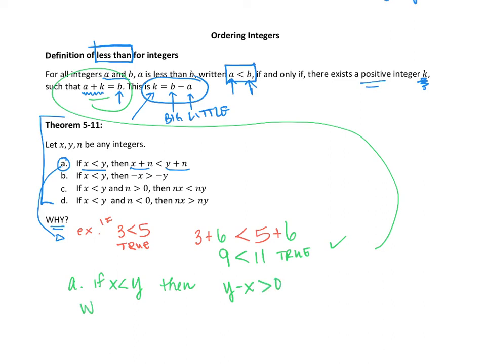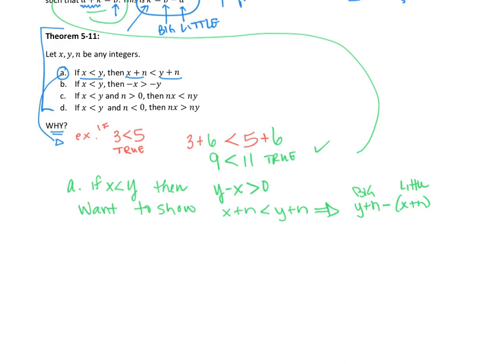What we want to show is that in order for x plus n to be less than y plus n, then this would mean that y plus n minus x plus n, so this is again the big guy minus the little guy, would have to be bigger than 0.